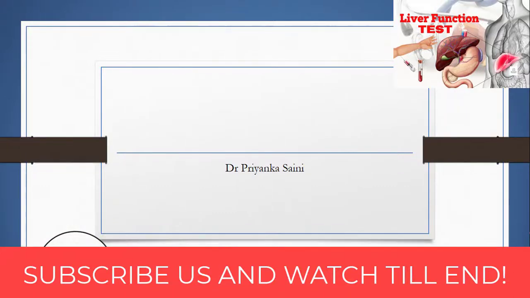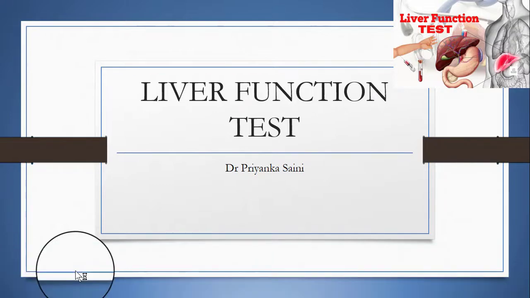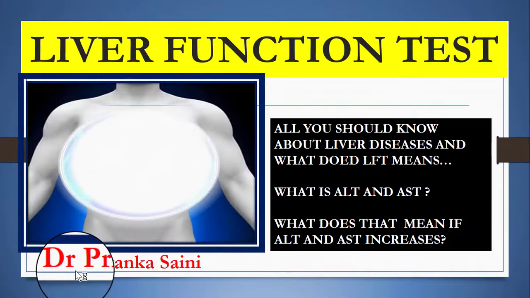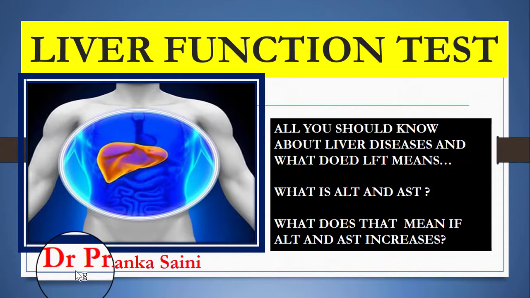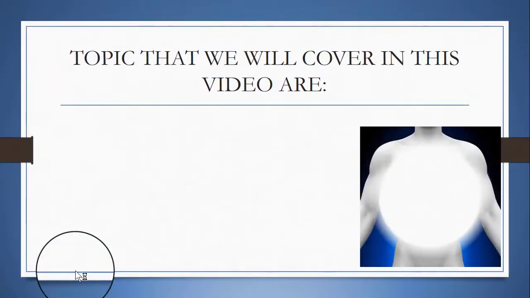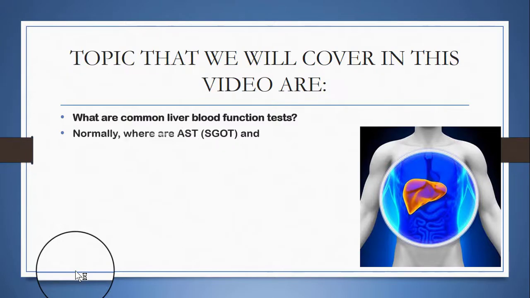In this video, we will discuss a very important test related to the liver, and that is the liver function test. The basic topics that we will cover in this video are: what are the common liver blood function tests? Second, what are AST and ALT?